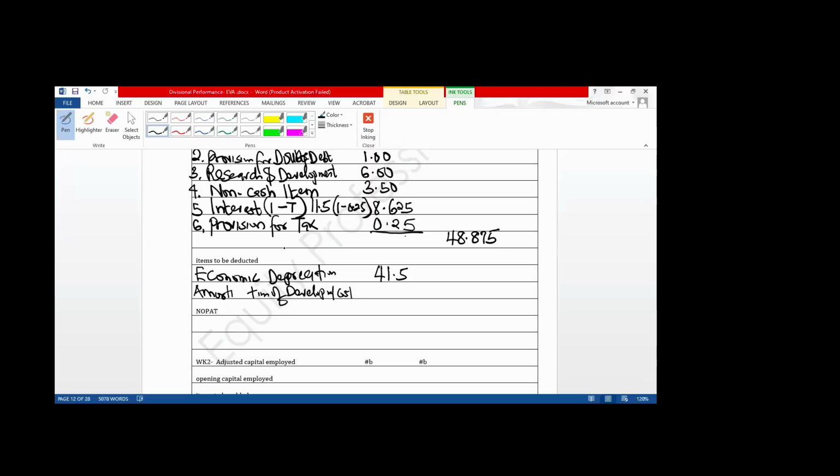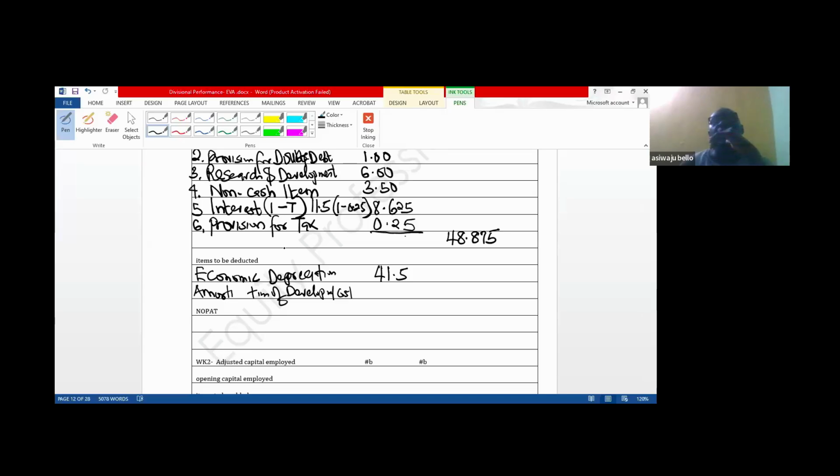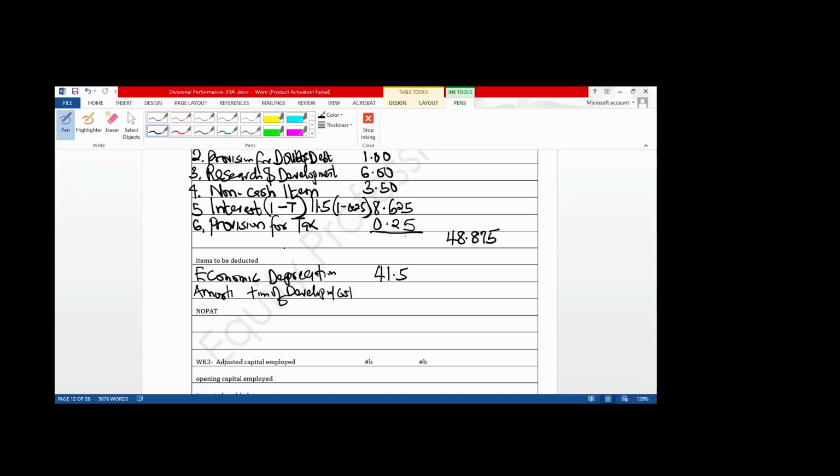All right. Dean. Yes, sir. This provision for doubtful debts, we use 1 billion here. But according to the notes, the provision for doubtful debt was 2.25 billion on the 2018 statement.